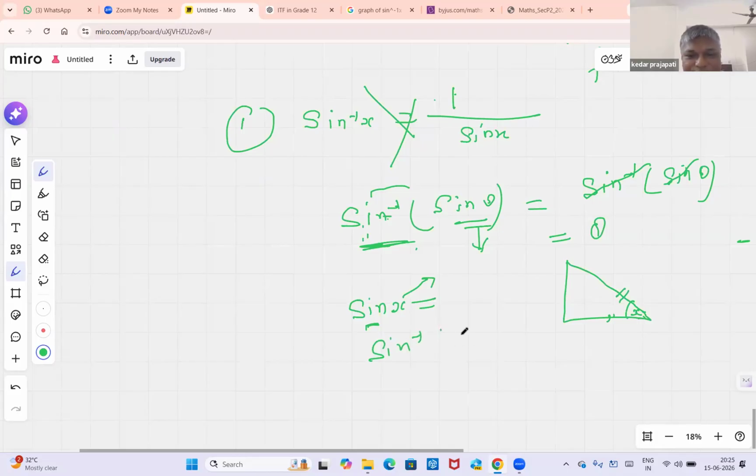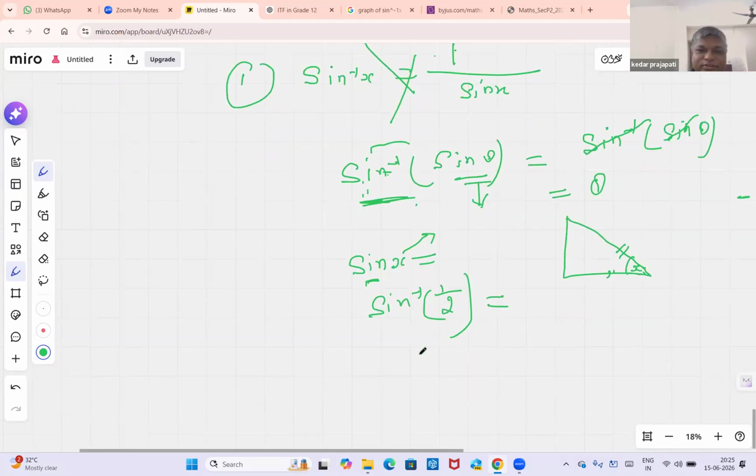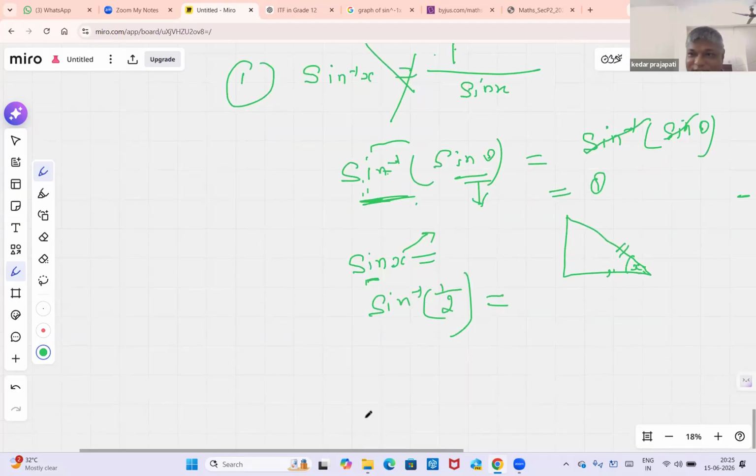Sine inverse 1 by 2, it's something. Now, what basically it means is, inverse is not angle, okay? It is the inverse of the ratio.